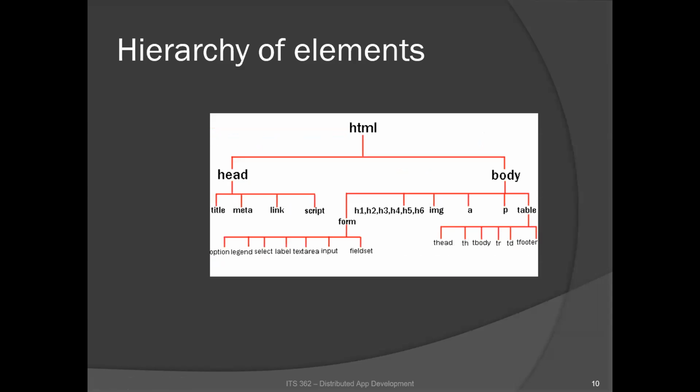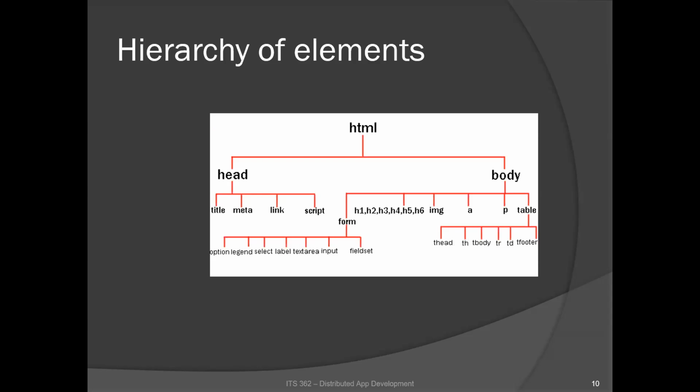All right, so you can see here the hierarchy of elements. You have your HTML tag, which can be divided into head section, body section. Then the head section usually has some associated tags like the title, the meta tag, the link tag, the script tag.